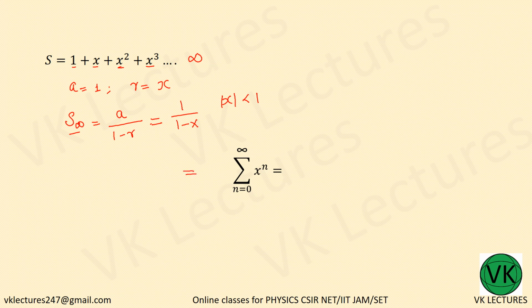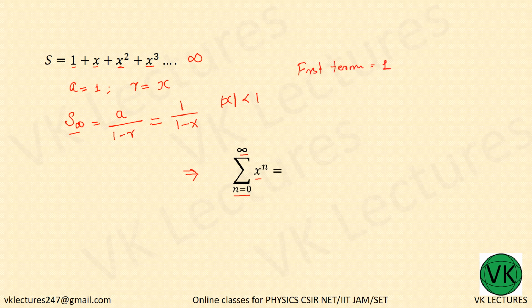You can write it in this way: sum over n equal to 0 to infinity x to the power n. Here the first term is, sorry, the first term is equal to 1.